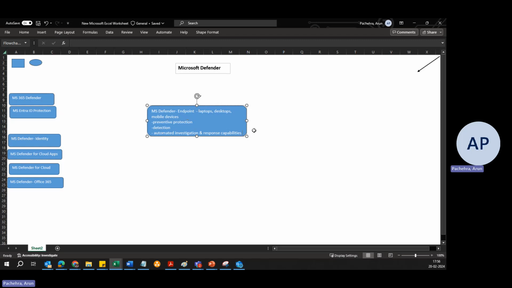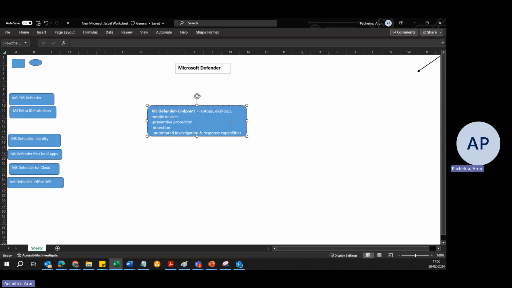Response for what? Response capabilities to secure endpoints from various cyber threats. So Microsoft Defender for Endpoint offers preventive protection, post-breach detection, automated investigation, and response capabilities.